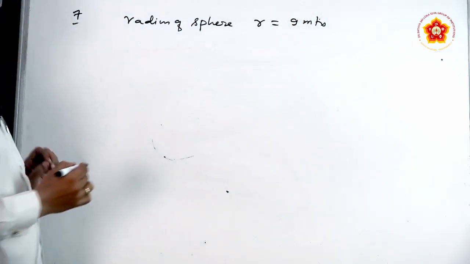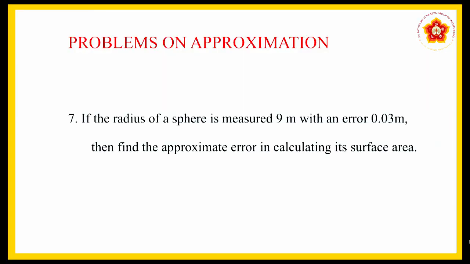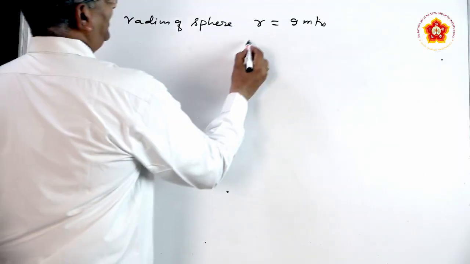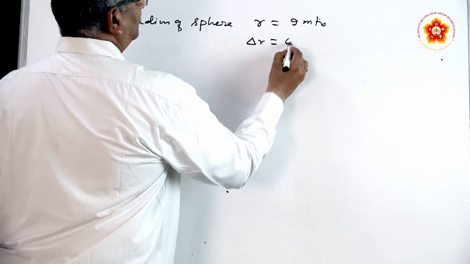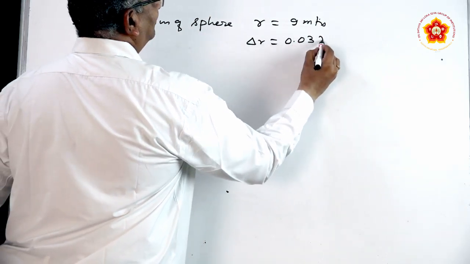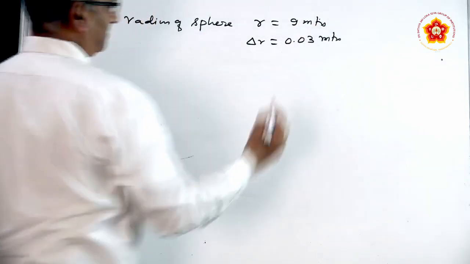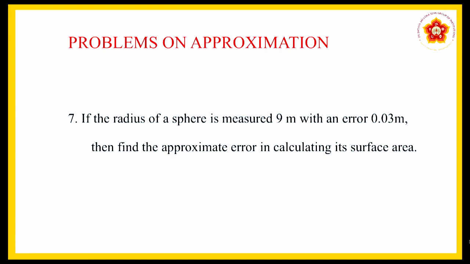While measuring, he made an error. What is the error? 0.03. So, we can say that delta R is equal to 0.03. He says find the approximate error in calculating its surface area.